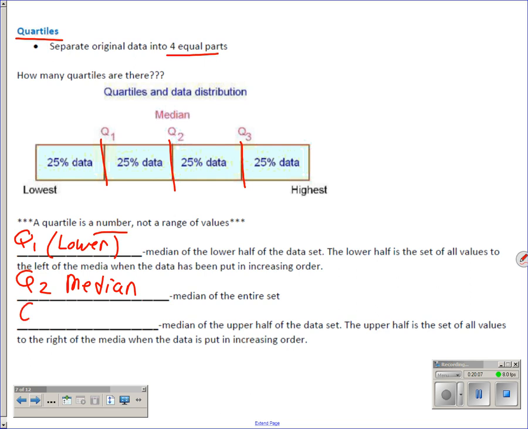And we're going to learn later that the interquartile range is just the difference between your Q3 and your Q1. It's the difference of your middle values. The reason we look at that more than the range is because that's where a more consistent number of your values is at. So you're going to get a better representation of your spread there. Any questions about those definitions?